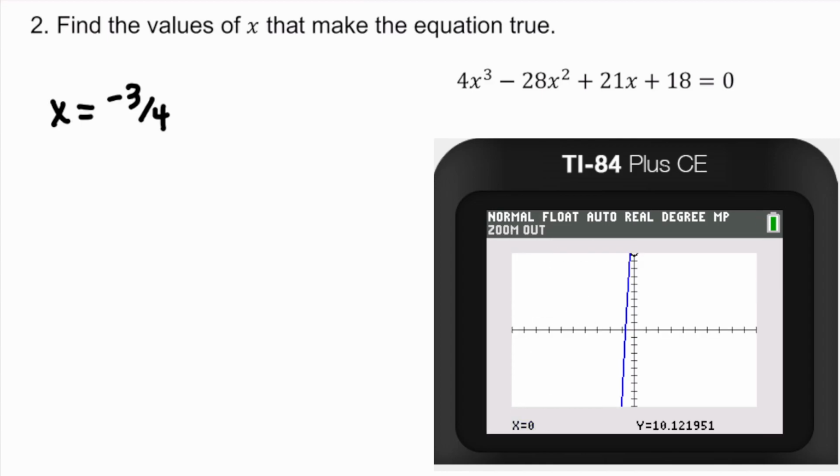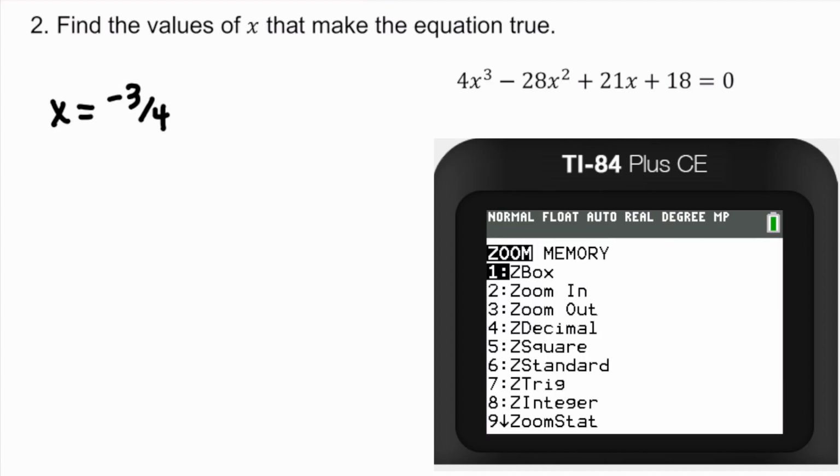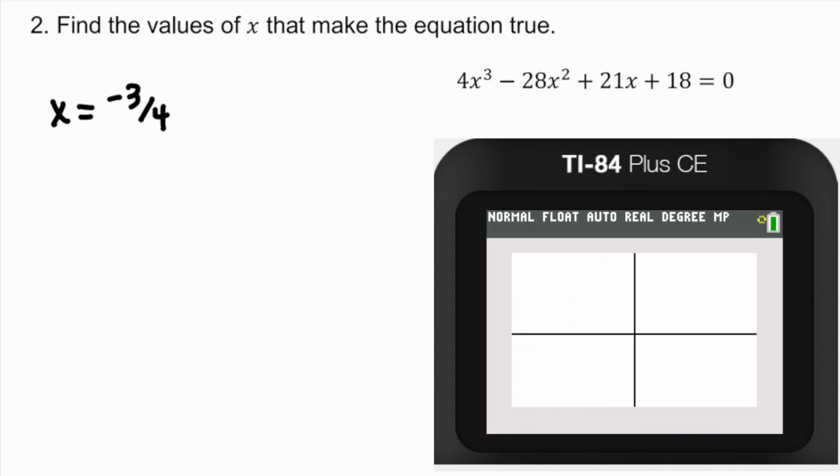Zoom out suggested that point as a place to zoom out. Doesn't seem like a bad idea to me. I am not seeing any turning around here, and we don't really have any calculus abilities. Maybe I'll zoom out one more time. And okay, I'm not seeing any other zeros, so I think the other two are complex. Unless I'm just totally missing something here.